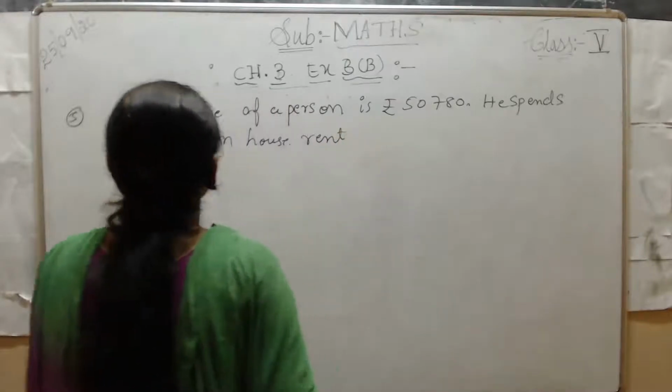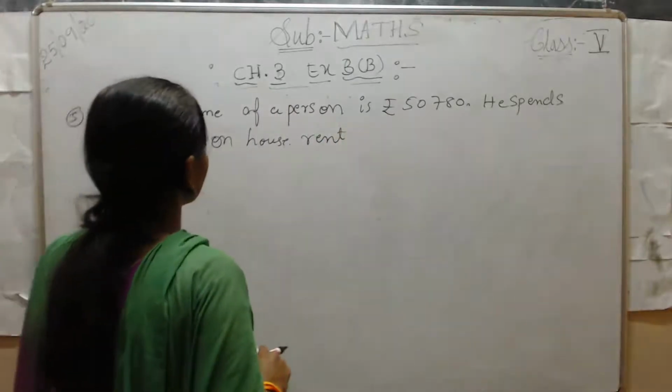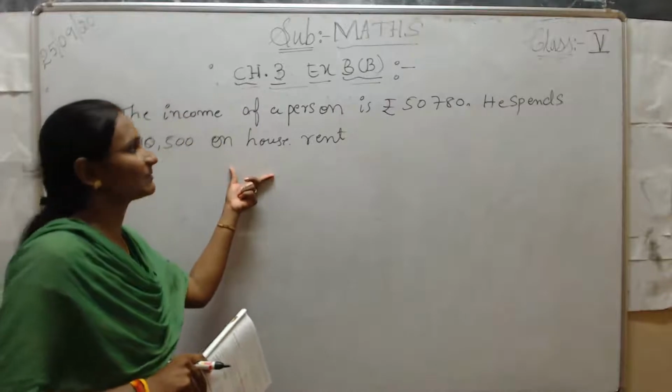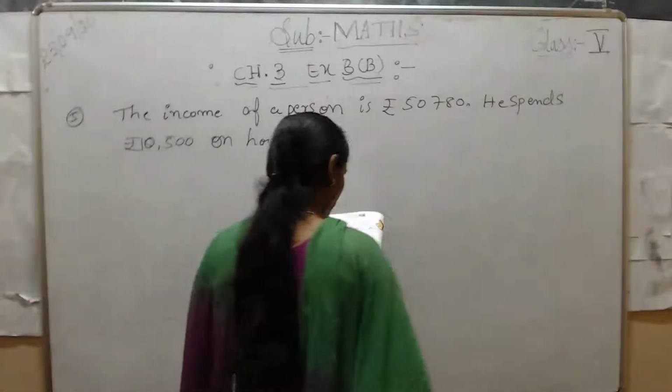So the first spent amount is 10,500, and the reason is house rent.